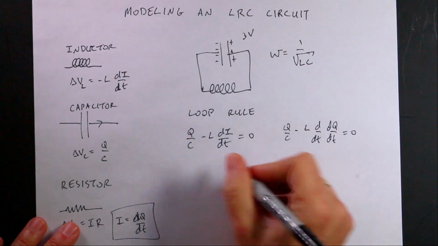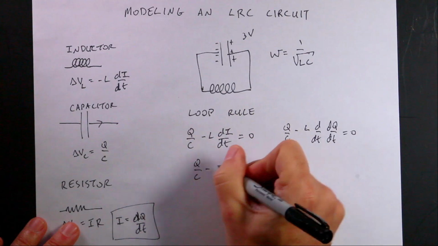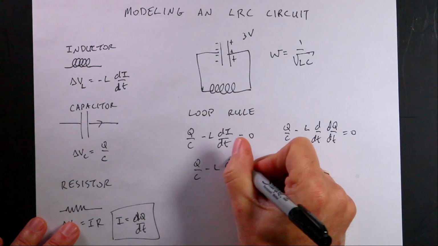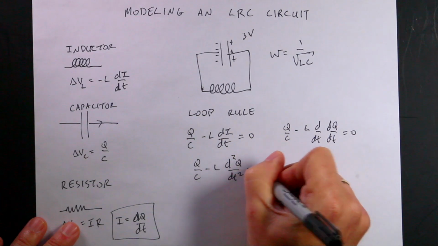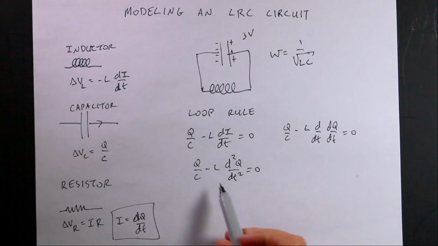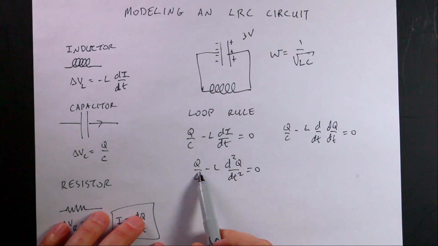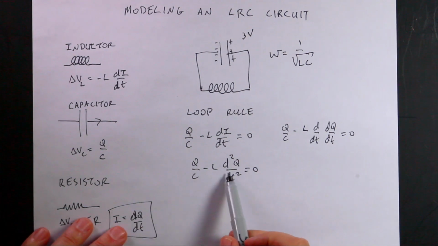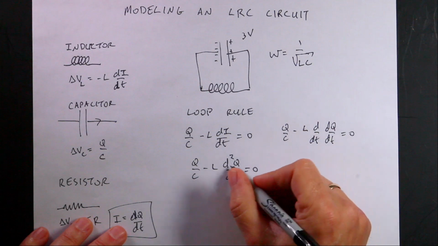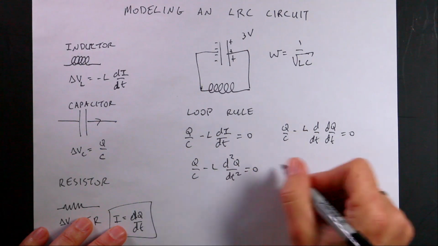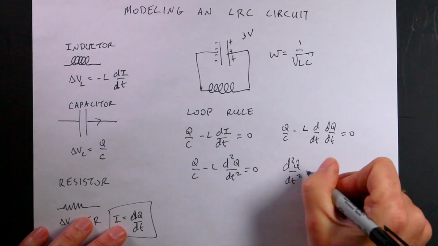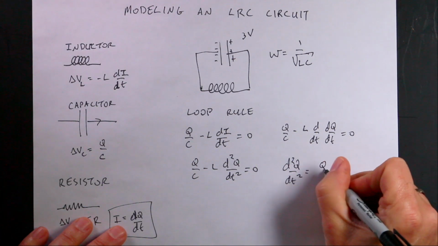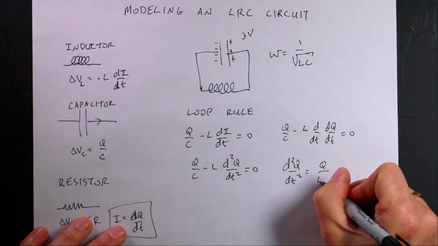And so I can write that as Q over C minus L, the second derivative of Q with respect to t equals 0. Now I want to solve this for the second derivative of Q. So let's add that to the other side and divide by L, and I get the second derivative of Q with respect to t is going to be Q over LC.